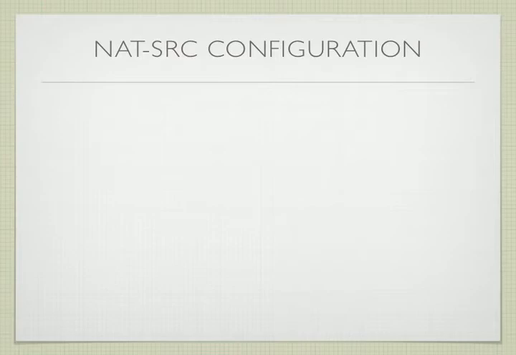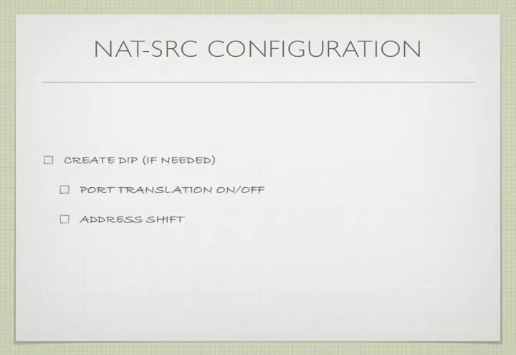Okay, so let's take a look at how the configuration of this will occur. The first step in doing source NAT by policy will be to create the DIP. If you're going to be using a DIP, it will have to be available to select in the policy, so that will be the first step.